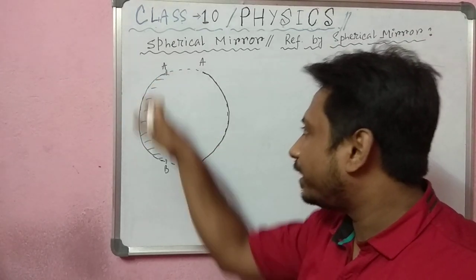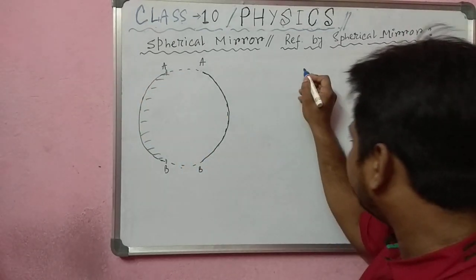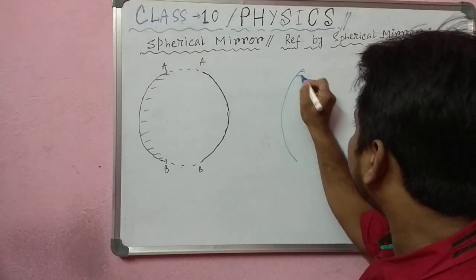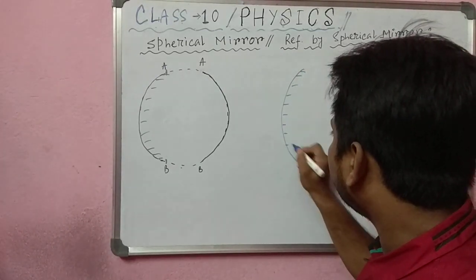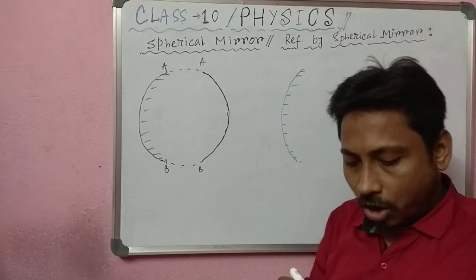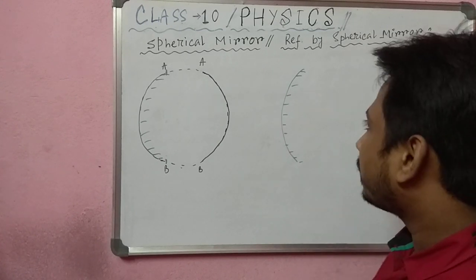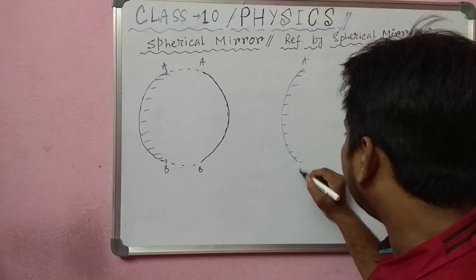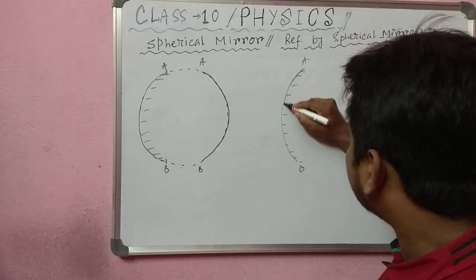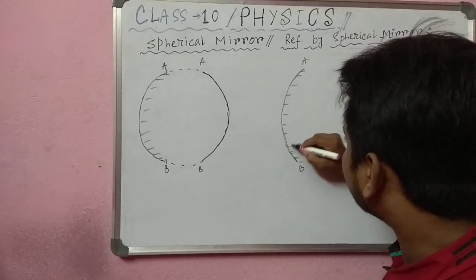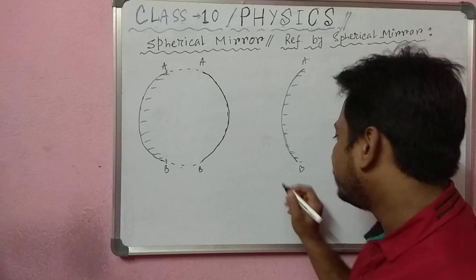So this surface, if you cut it and put it here, it becomes a mirror, and this mirror is called a convex mirror. This is a convex mirror.